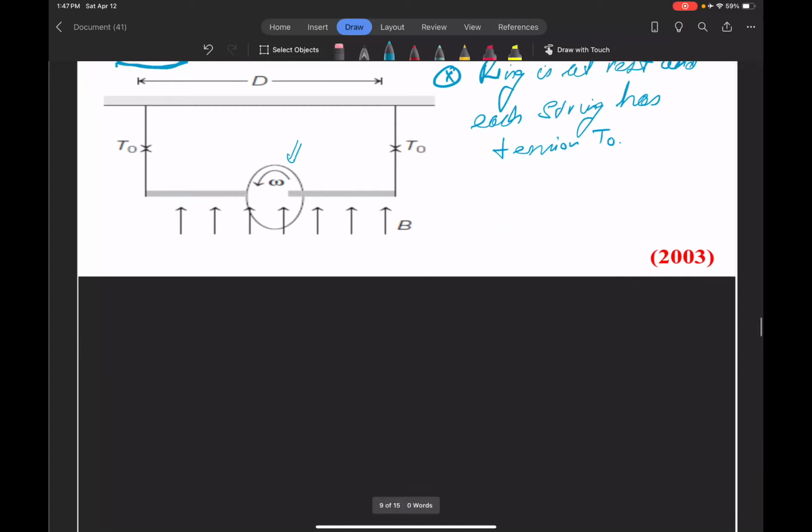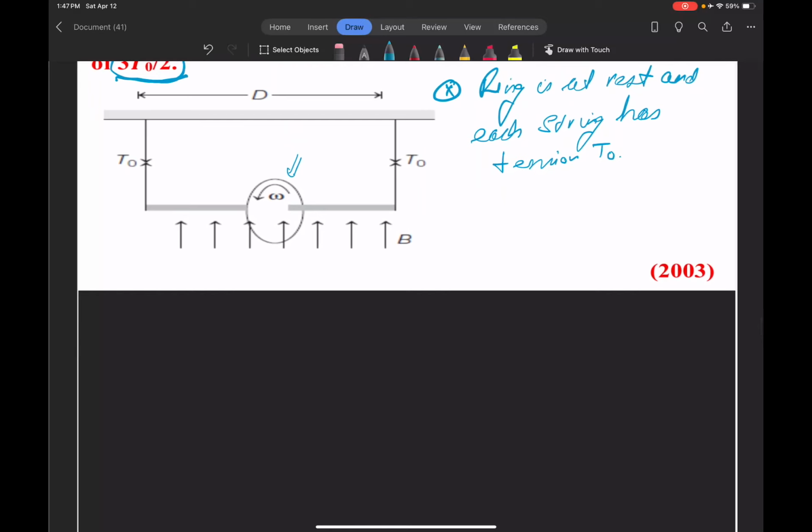Now, in the presence of magnetic field, as this circular disc starts to rotate, this rotation is going to generate a magnetic moment, which interacts with the given magnetic field, and their interaction will exert a torque on the system.